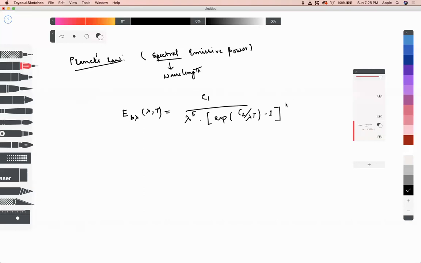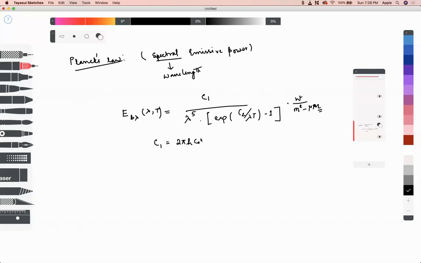The unit will definitely be watt per meter square, and since we are dealing with per unit wavelength, we are going to find it per unit micrometer. Here C1 is given by 2 pi h. These are all constants. Here h is Planck's constant. Don't get confused with the heat transfer coefficient.